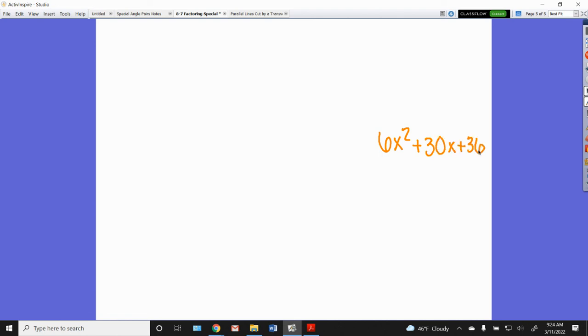All right. So, I mean, they're all divisible by 3. Everybody gets that, right? They're actually all divisible by 6. Everybody gets that, right? Okay, so I'm going to pull a 6 out of all of them. So now I've got x squared plus 5x plus 6. Okay?